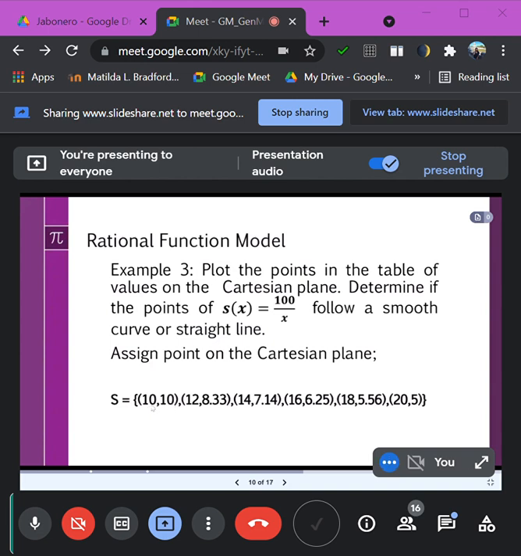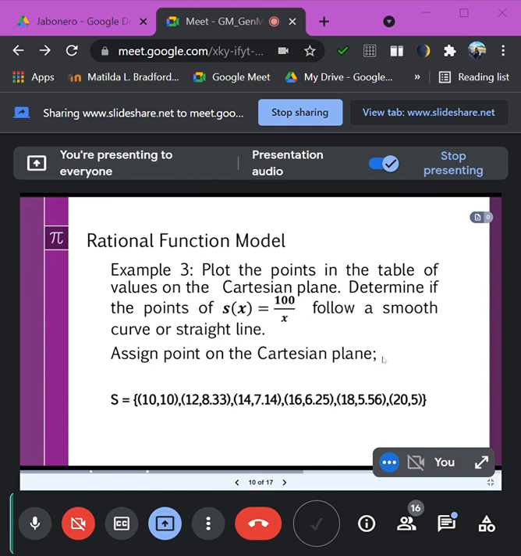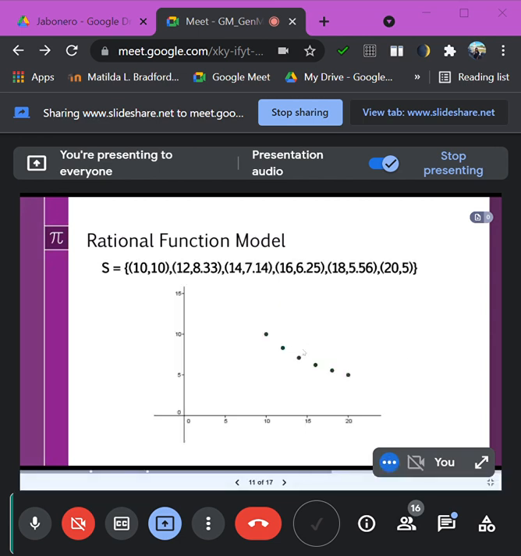So you have there 10, 10; 12, 8.33; 14, 7.14; 16, 6.25; 18, 5.56; and 20, 5. Using this, we can also represent it another way. How? You can use your Cartesian plane. You can plot all the points in order to get your graph. As you can see, in our next slide, that is the graph. We simply plotted the points there.